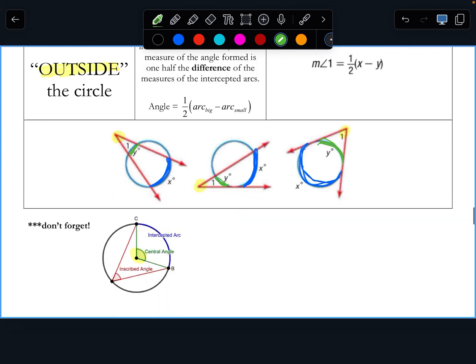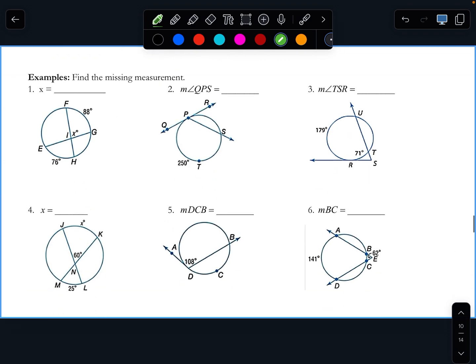So we're just going to crank examples and then give you a lot of work time. For all of these, you're going to have to find an angle or an arc, and you just have to figure out where the vertex of the angle is. For number 1, X is in the circle. So if it's in but not at the center, you're going to average the arcs.